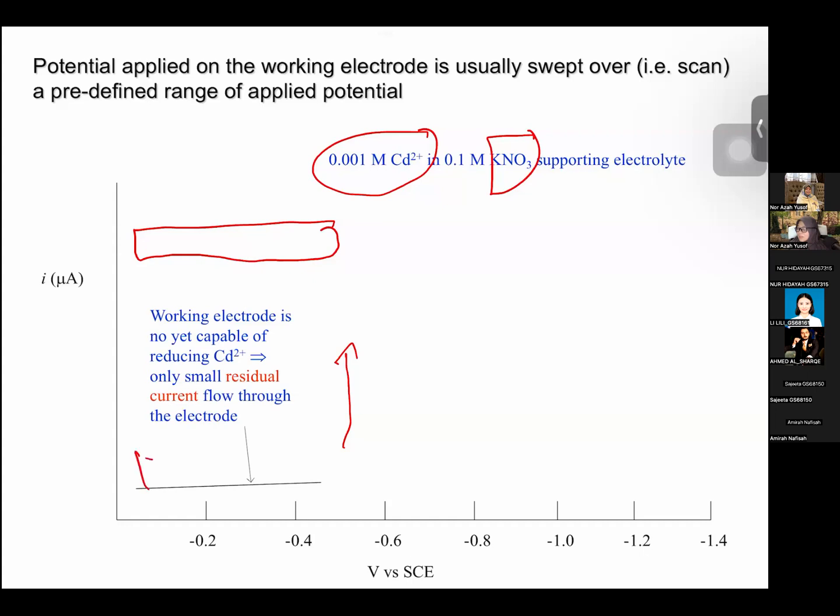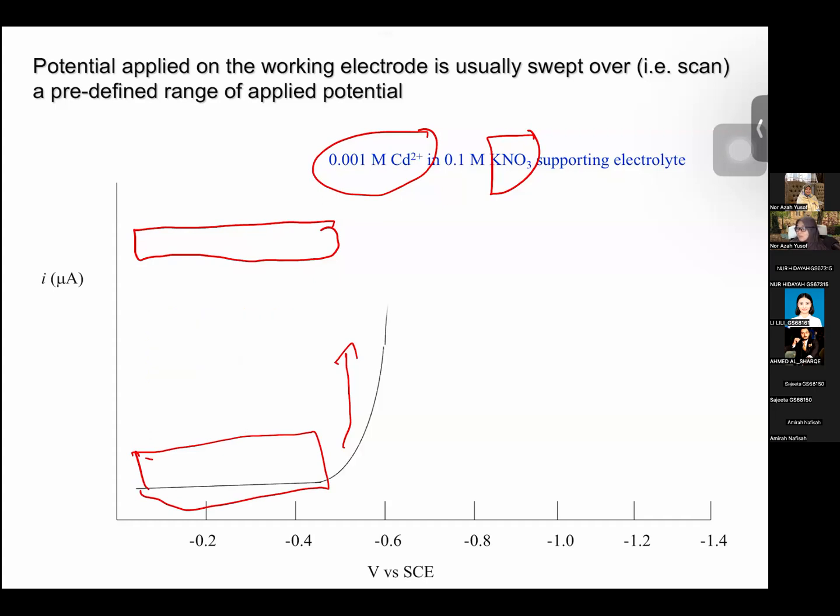So here is the area where cadmium 2+ has not been converted to cadmium yet, because the potential is not enough.